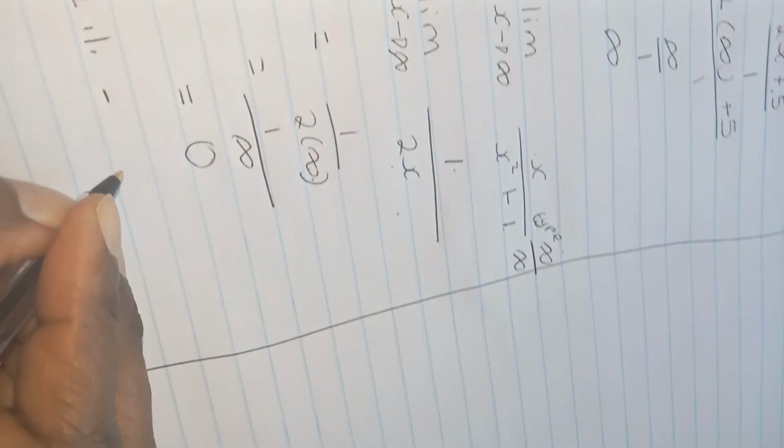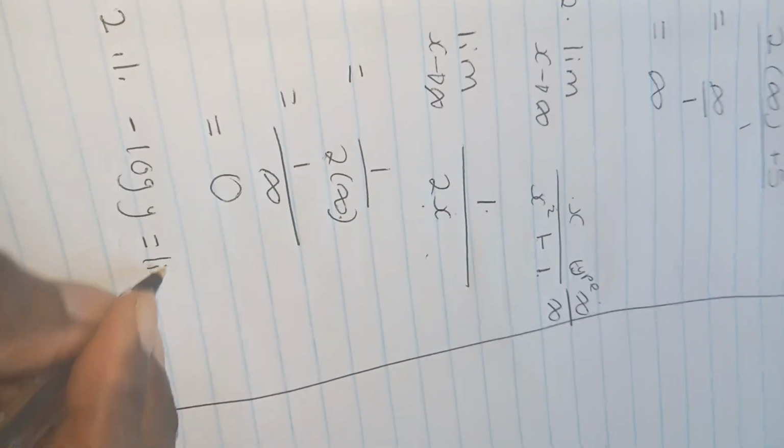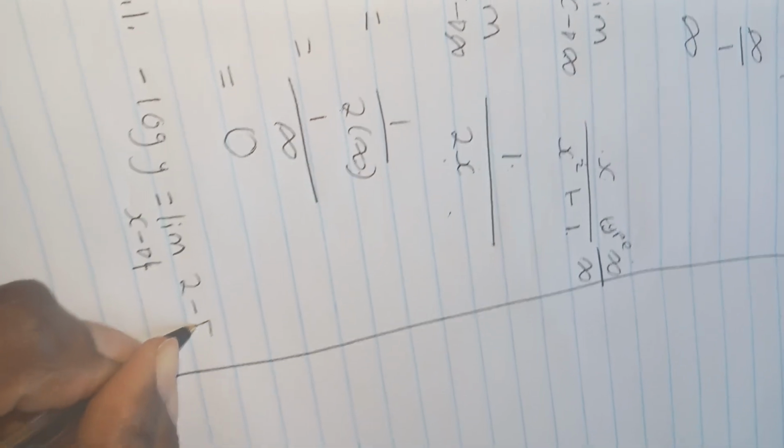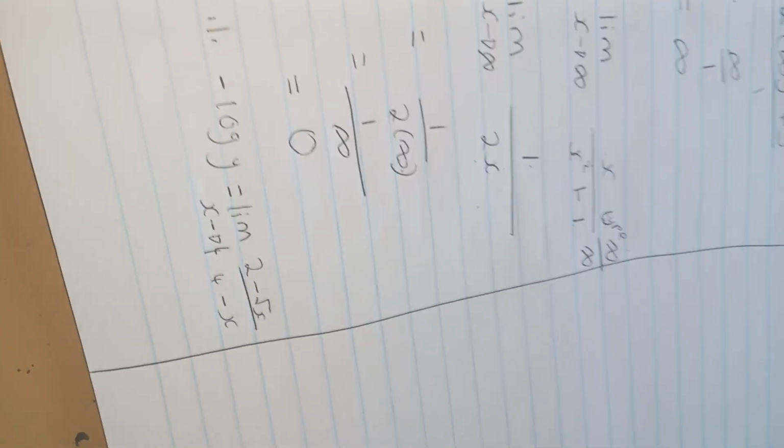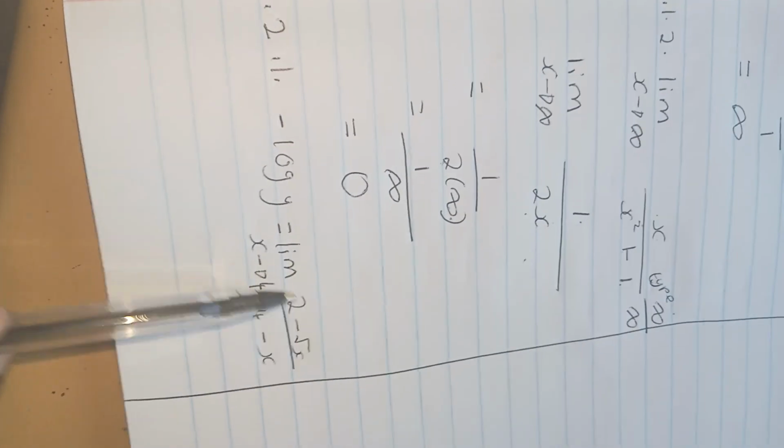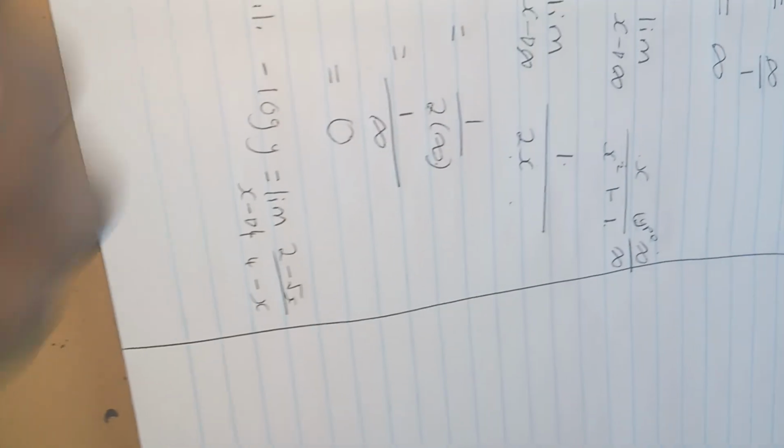1.2.1. We were given negative log y is equal to the limit as x approaches 4 of 2 minus root x over 4 minus x. So they are saying we must calculate log y.